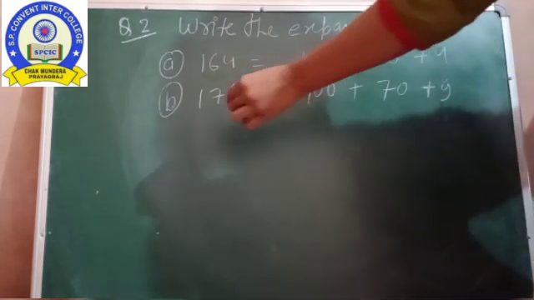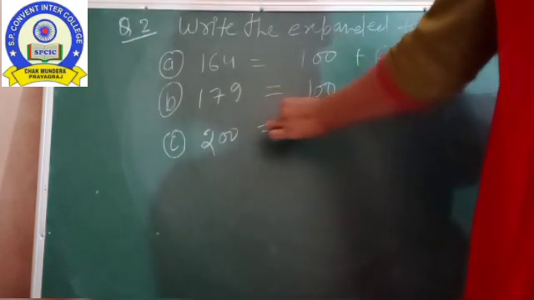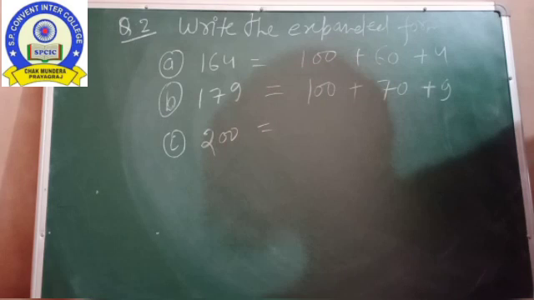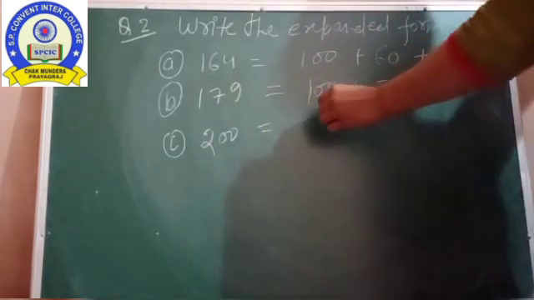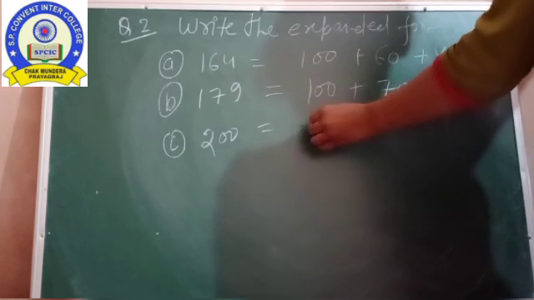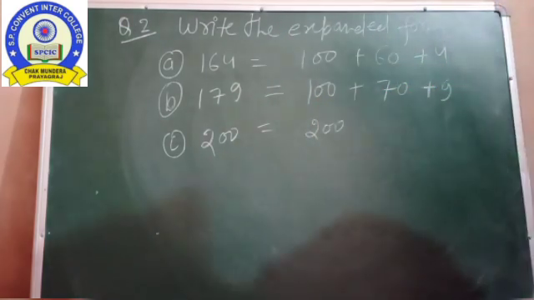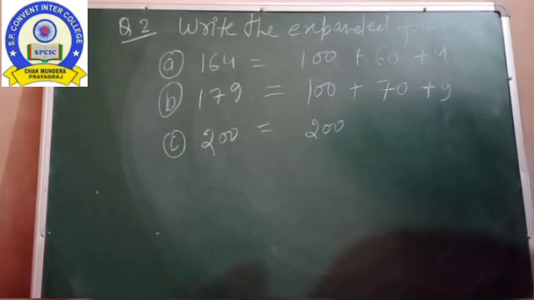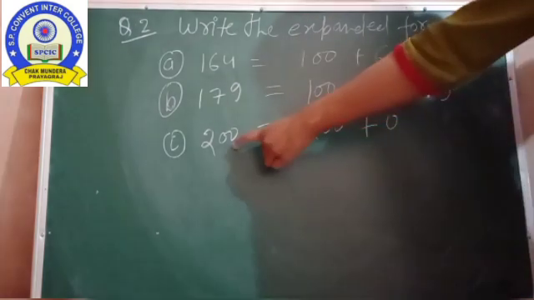Next, 200. Ones, tens, hundreds. 2 is in the hundreds place, it means 2 times 100, 200. And 0 is in the tens place, it means 0. And again 0 is in the ones place.